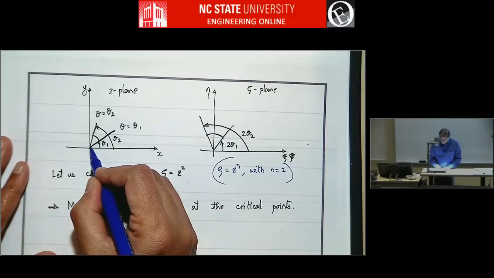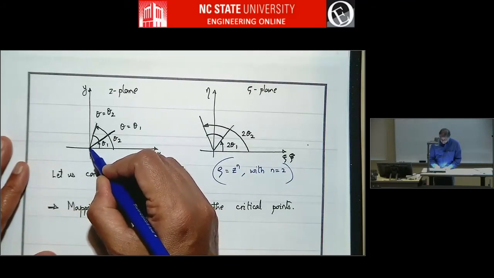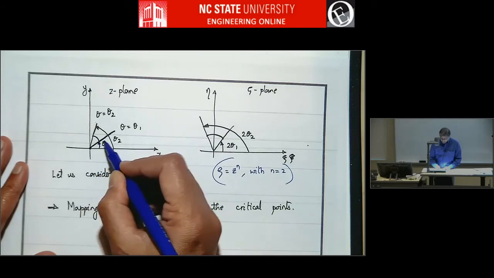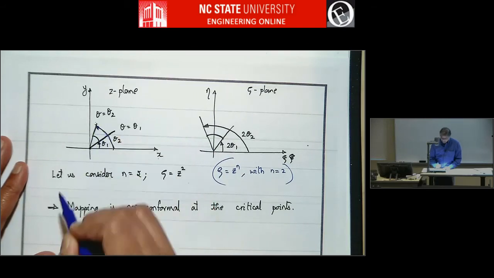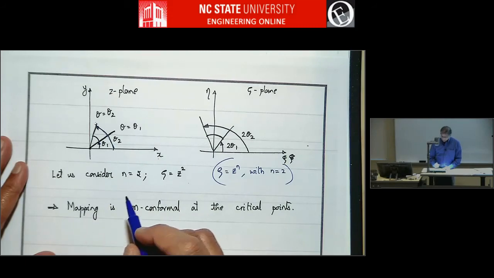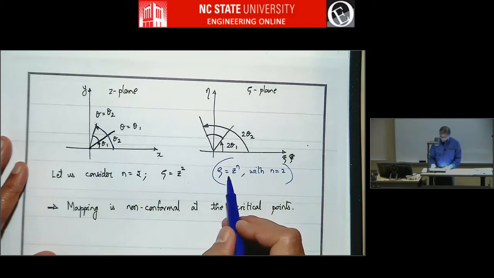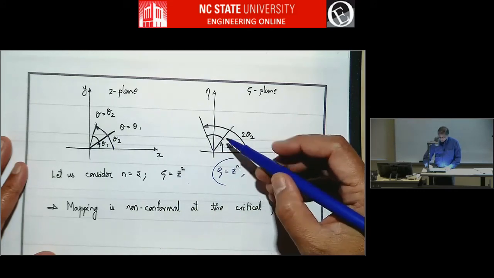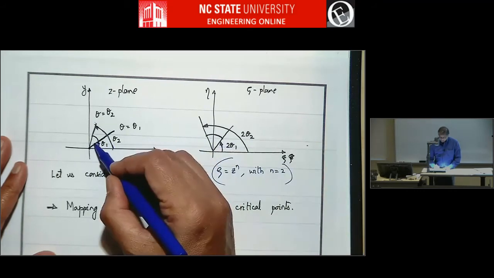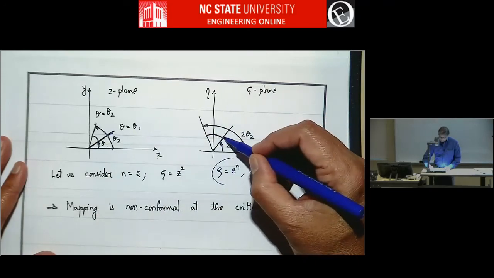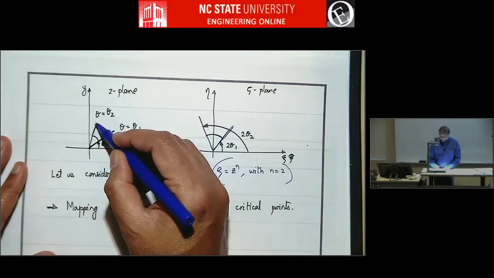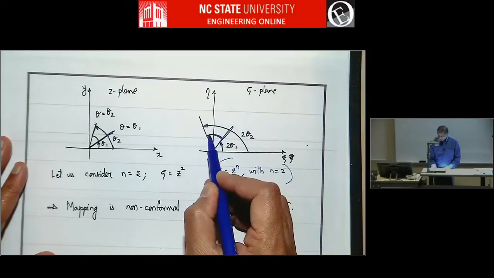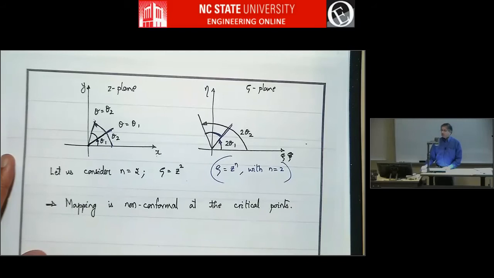If you take two rays coming out of the origin, one ray at an angle theta 1 and the other at an angle theta 2, and transform with zeta equals z squared, the first ray will be at an angle of 2 theta 1 and the second at an angle of 2 theta 2, so the angle between the two lines is now double.